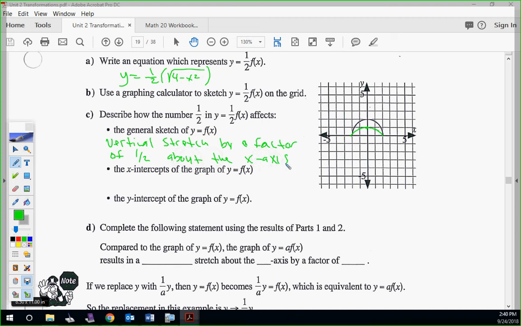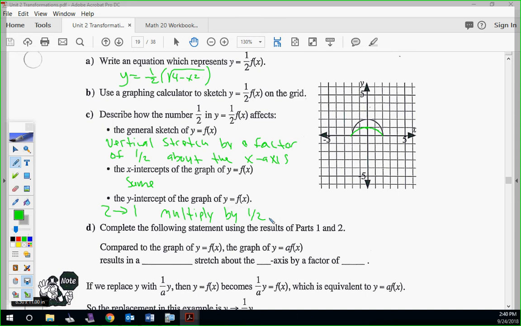X-intercepts, same. Y-intercept went from 2 to 1, so it was a multiply by 1/2, or factor of 1/2. Okay, so we're just going to finish up the vertical stretch here.